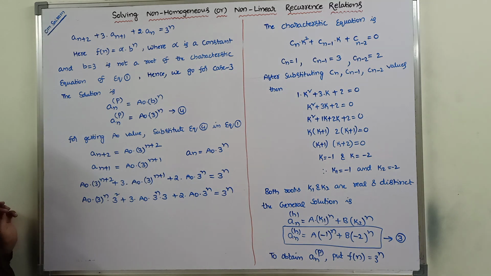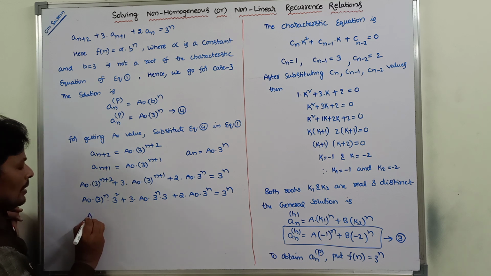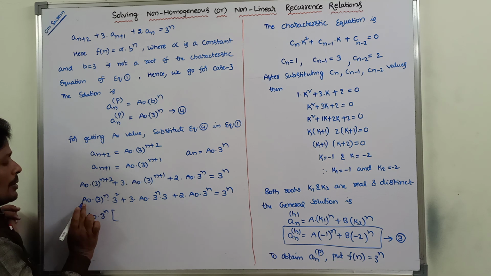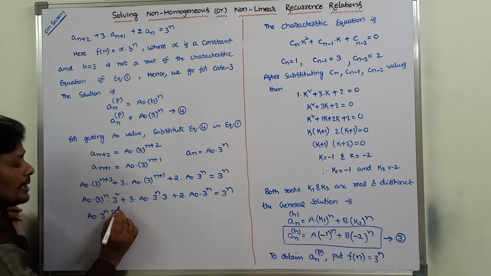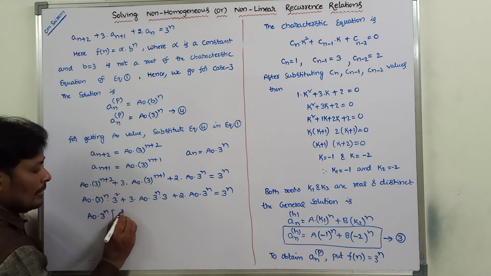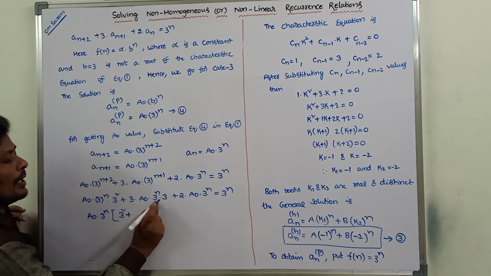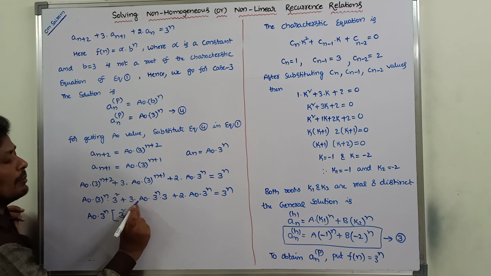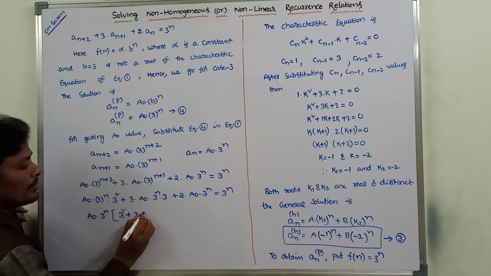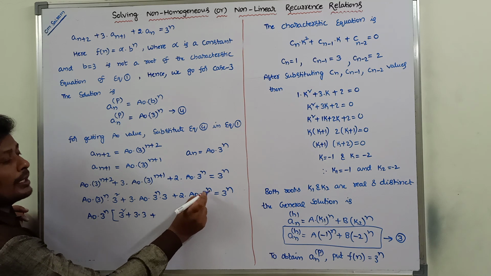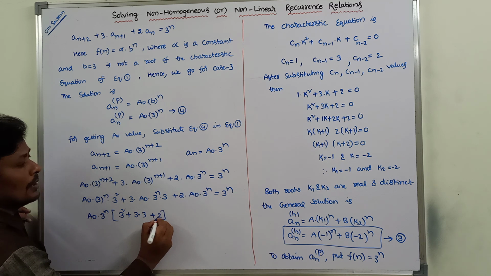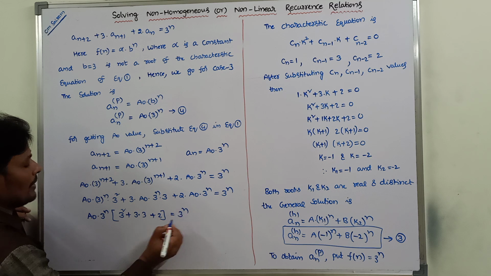Now we have to take a naught into 3 power n common. After taking it common, we get 3 square plus 3 into 3 plus 2, so a naught into 3 power n times 9 plus 9 plus 2, equal to 3 power n.